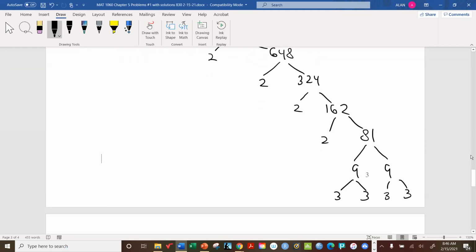Look at that. So 1296 equals, so we've got 1, 2, 3, 4 2s and 4 3s. And that could be written, as you know, as 2 to the 4th times 3 to the 4th. It's the same thing. And so this is your final result.